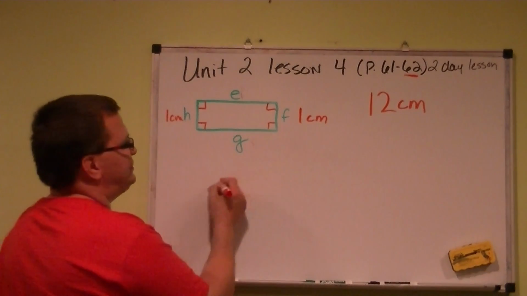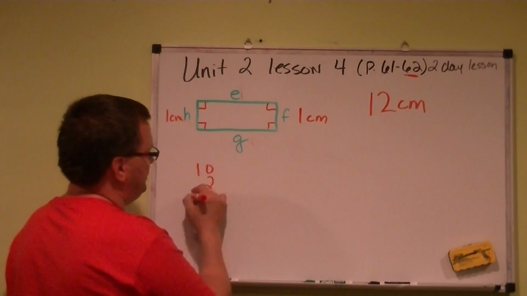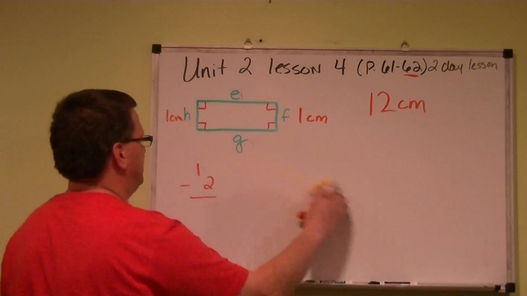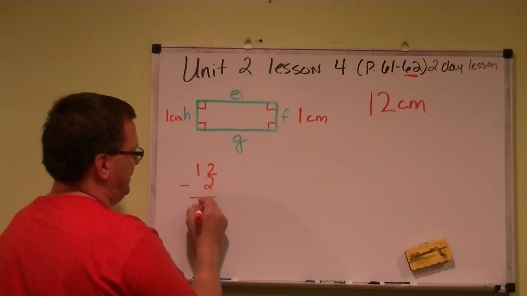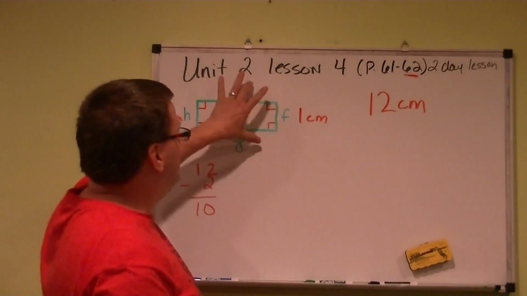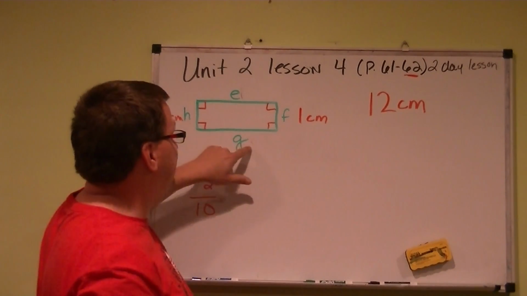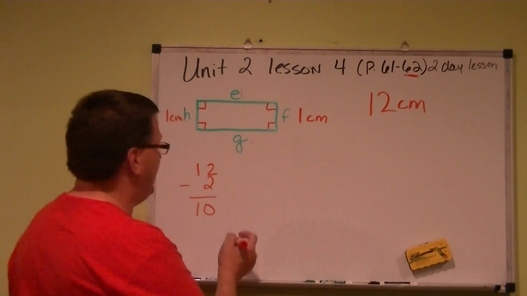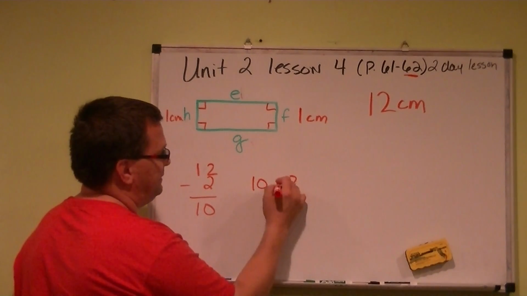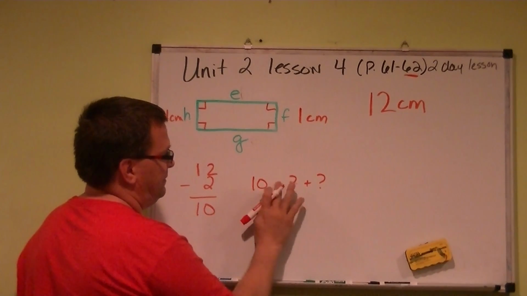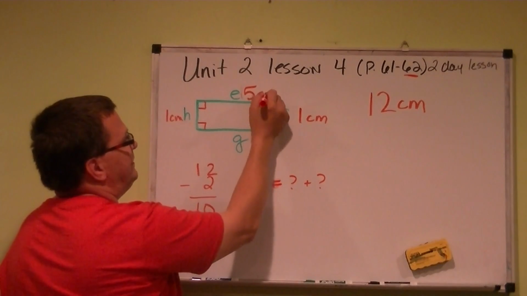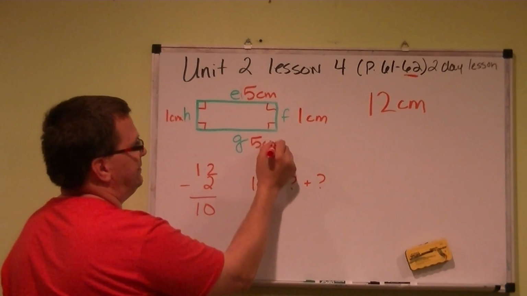So 1 plus 1 is 2. 12 minus 2 is going to be 10. So what plus what is going to be equal, because if E and G have to be equal, what are they going to be equal to? If you think of 10, what plus what is going to equal 10? Well, that answer would be 5 centimeters and 5 centimeters.